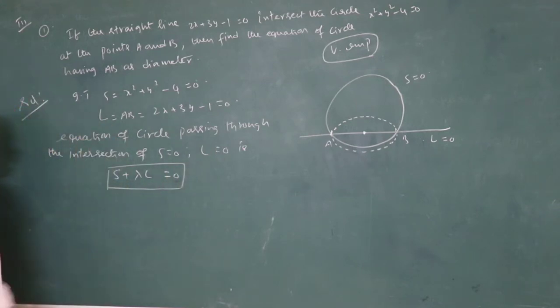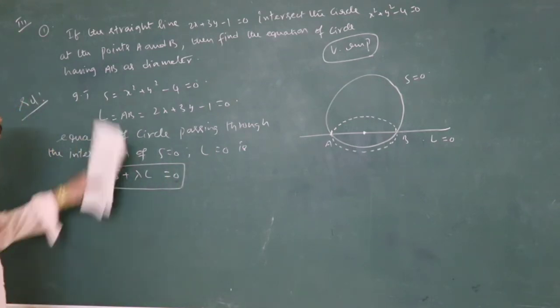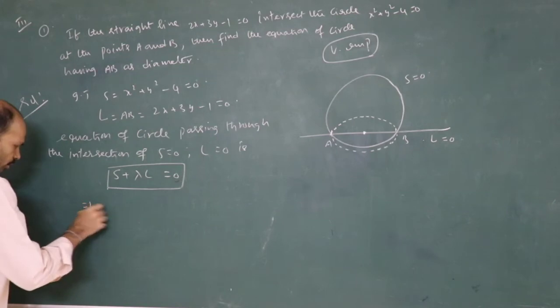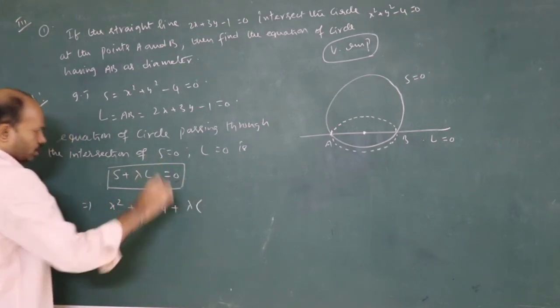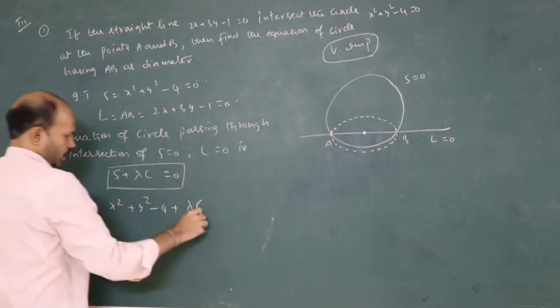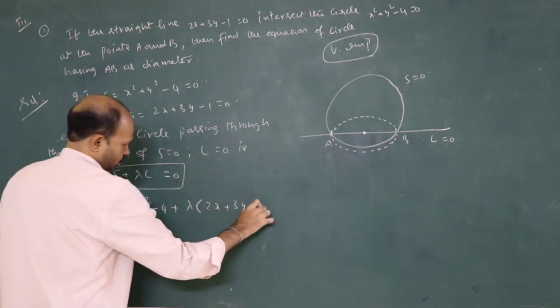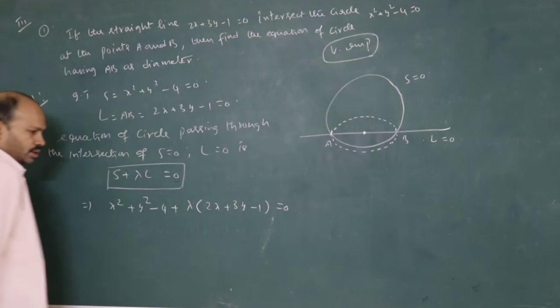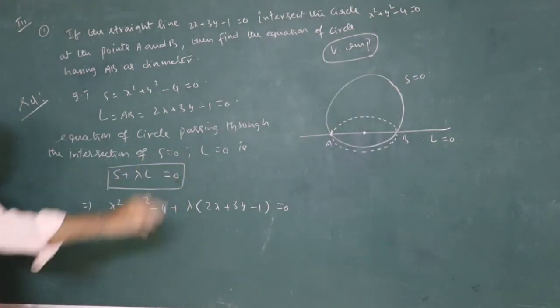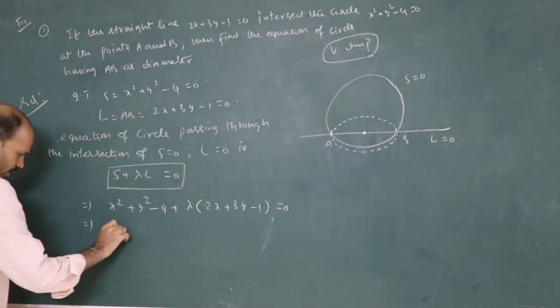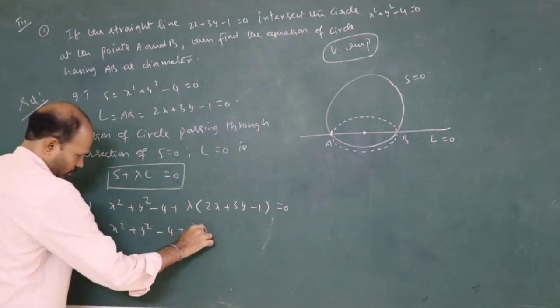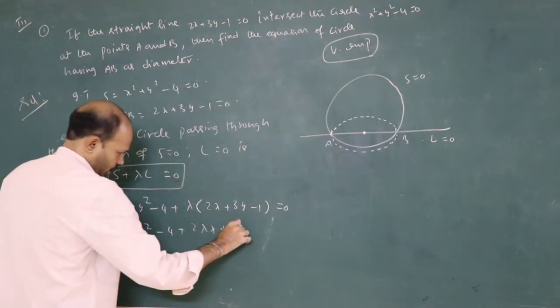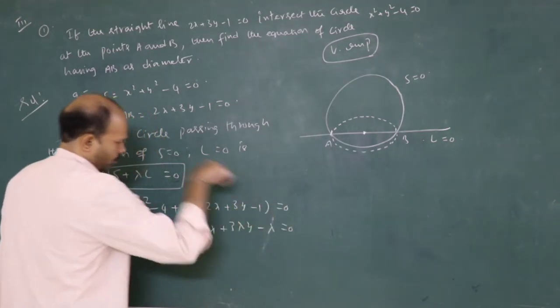S plus lambda L is equal to 0. Apply the values. That implies x square plus y square minus 4 plus lambda times (2x plus 3y minus 1) is equal to 0. Convert this into the standard equation: x square plus y square minus 4 plus 2 lambda x plus 3 lambda y minus lambda.